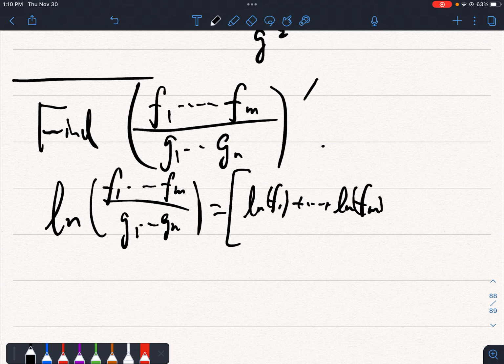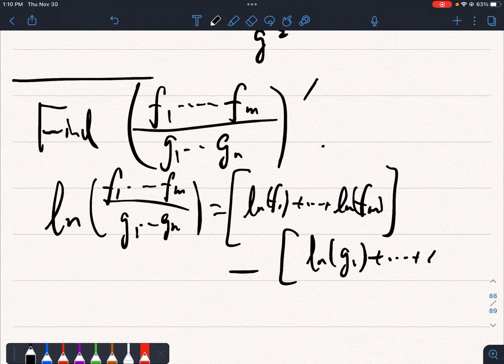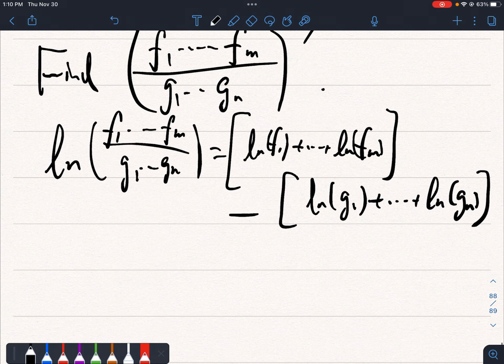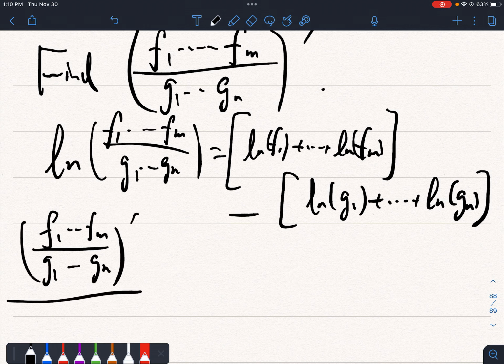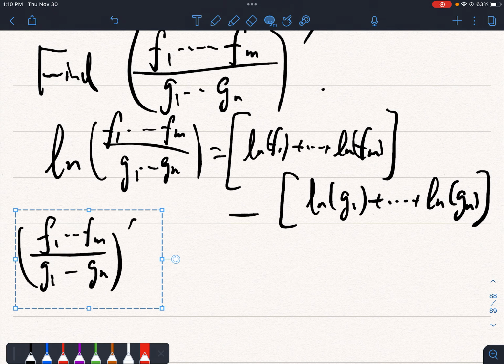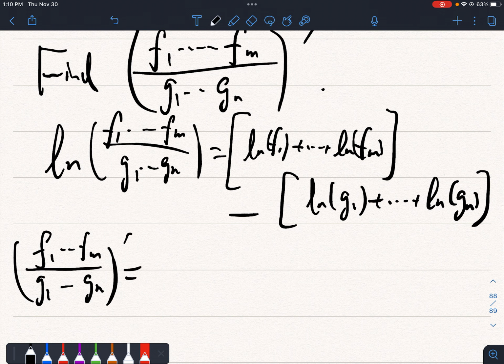So then this is going to be the sum of log f1 plus all the way up to log fm minus the sum of log g1 all the way up to log gn. And then we apply the derivative to both sides.